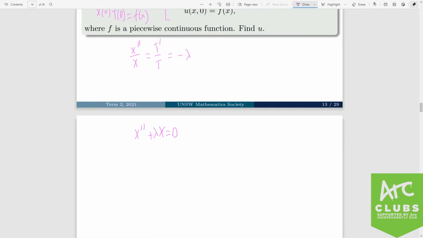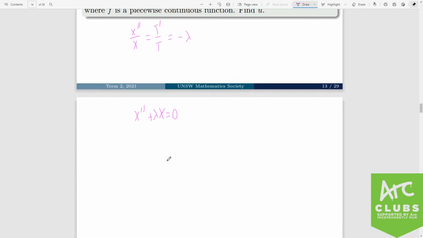As I did for the Sturm-Liouville equation problem, the steps are the same. So there are three cases. Lambda equals 0, and X equals a x plus b. But if you remember our boundary conditions, X of 0 equals 0, or equals X of 1, so this will be trivial.